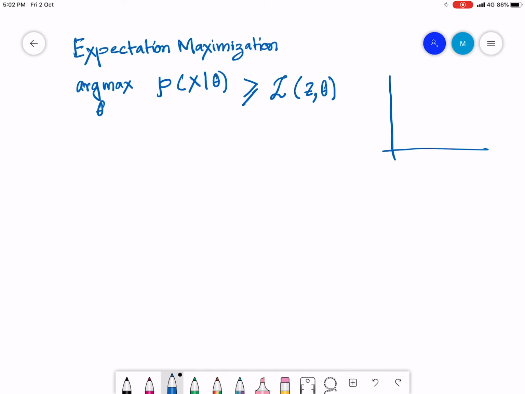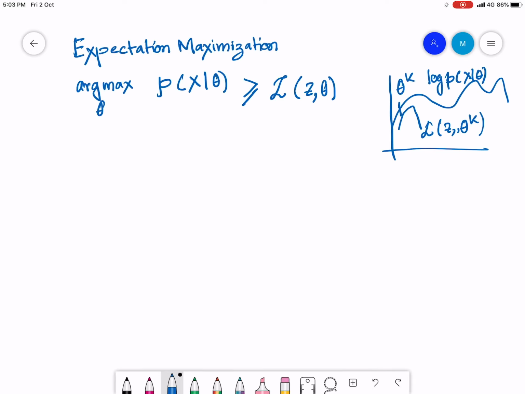If this is your log of p(x given theta), then for a given value of theta, let's say theta k, we first find the q which gives the highest, the strictest lower bound, keeping theta fixed at theta k in the E step.